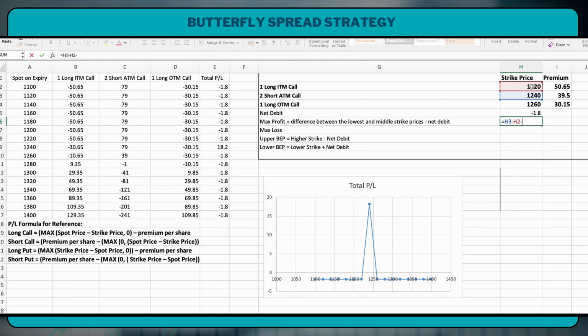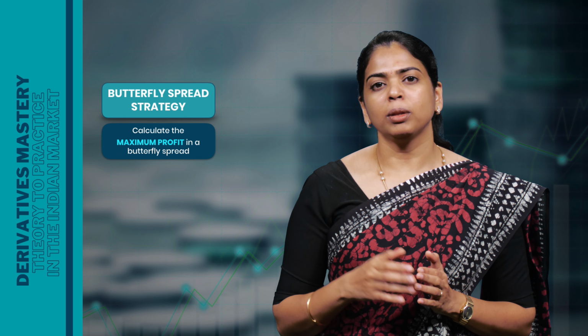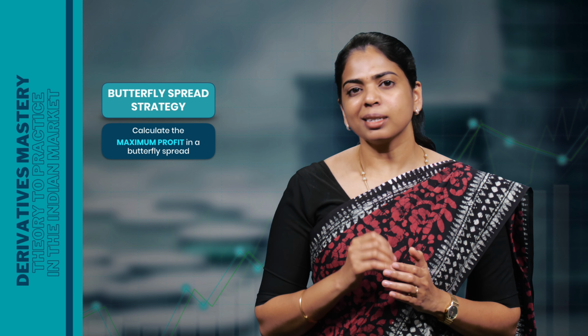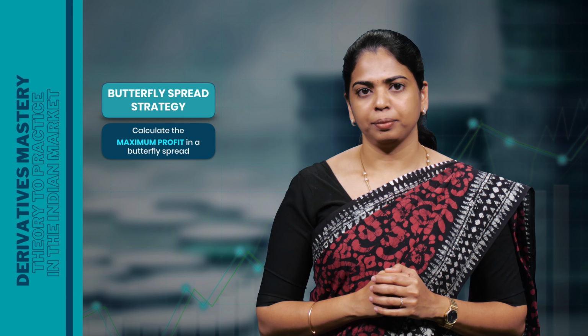In our example, the net debit was 1.8. So to find the actual maximum profit, we subtract this net debit from the difference between the strike prices. So the calculation becomes 20 minus 1.8, which gives us 18.2. This 18.2 is the most you can earn from the butterfly spread if the stock price closes exactly at the middle strike price of 1240.